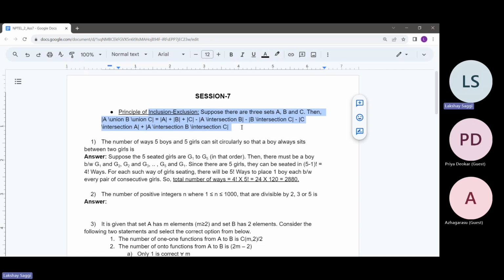So let me define some notation, and maybe using that notation will be easier for us to understand.